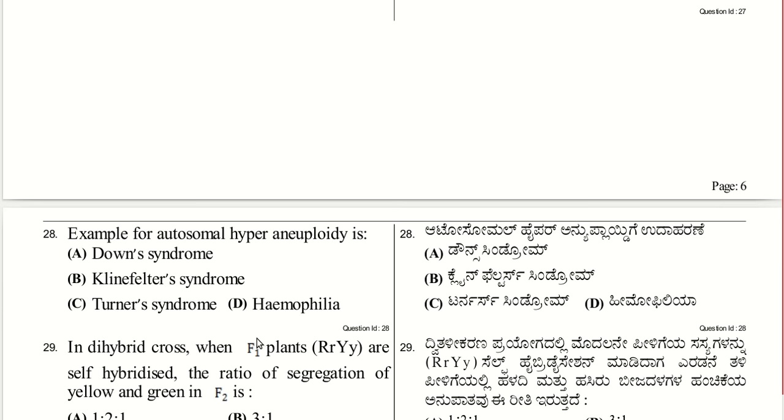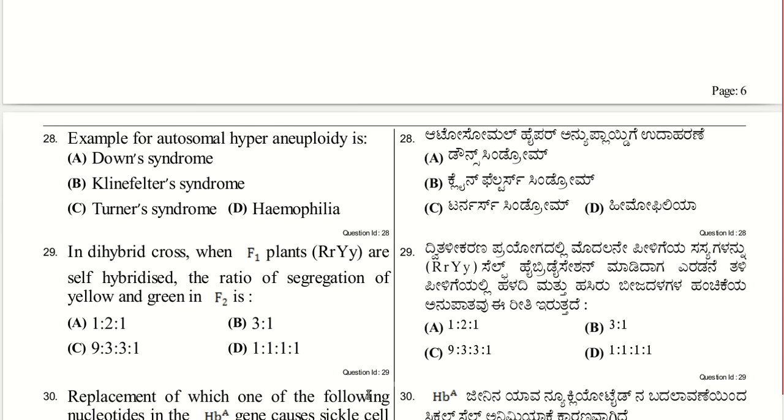29th, in a dihybrid cross, when F1 plants are self-hybridized, the ratio of segregation of yellow and green in F2 is going to be B, that is 3:1.